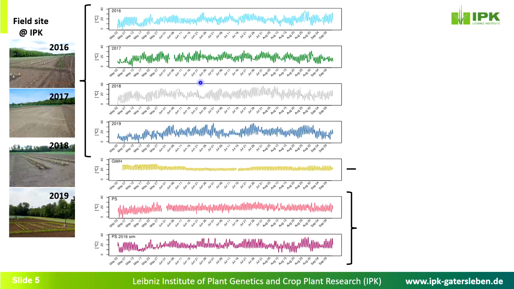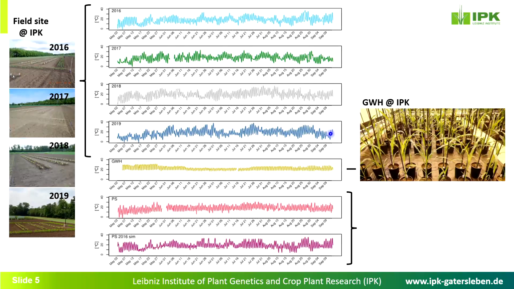And here you can see the temperature profiles of 2016, 17, 18, and 19 from May to mid-September in an hourly resolution. As a reference, we grew the same population in a standard climatized glasshouse in pots. And as you can see, this is the temperature profile, which is much more stable and has a lower amplitude than the environments which we find in the outside world.